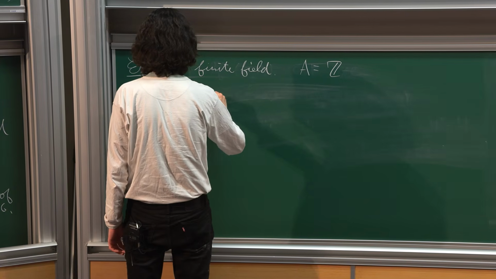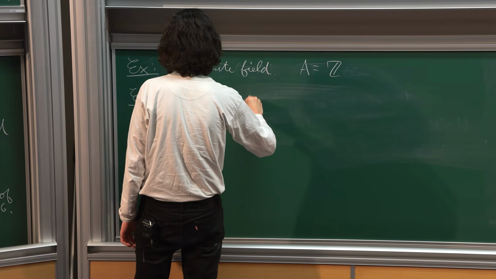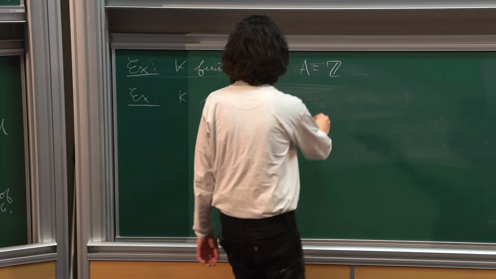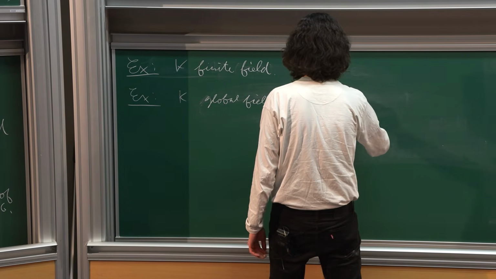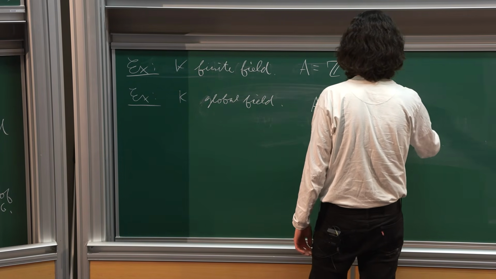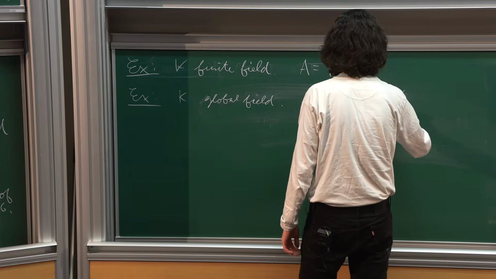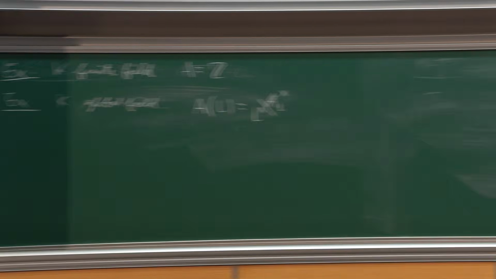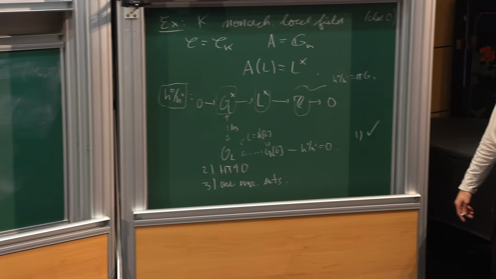I guess I could say a global field. So then the A of L is going to be the Adele class group, so A_L cross mod L cross. Let me just say a word about the verification of the axioms.